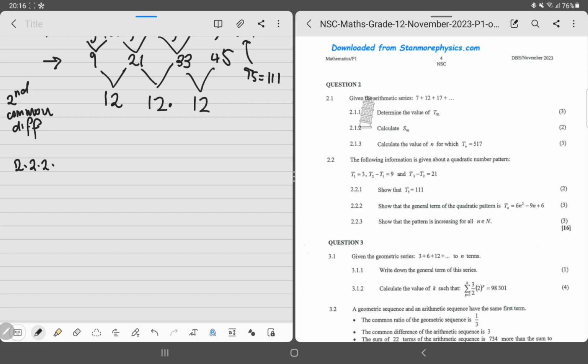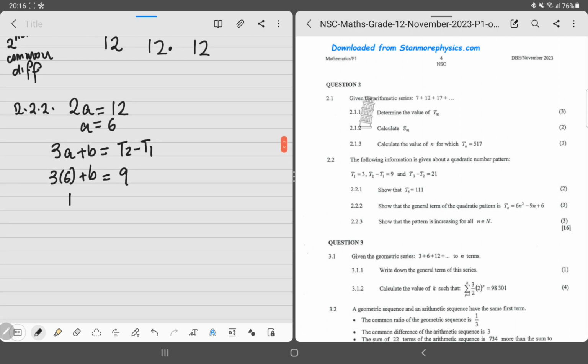Show that the general term of a quadratic pattern is given by that. So 2a must be equal to the second common difference, which is equal to 12. Then a should be equal to 6. 3a plus b should be equal to T2 minus T1. 3 into 6 plus b should be equal to T2 minus T1, which is 9.